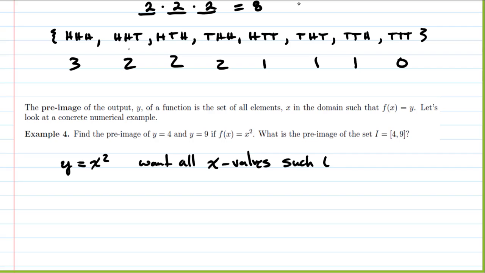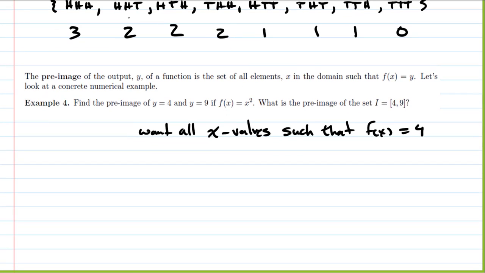Such that f of x is equal to 4, right? So if we do that, then we have 4 is equal to x squared.